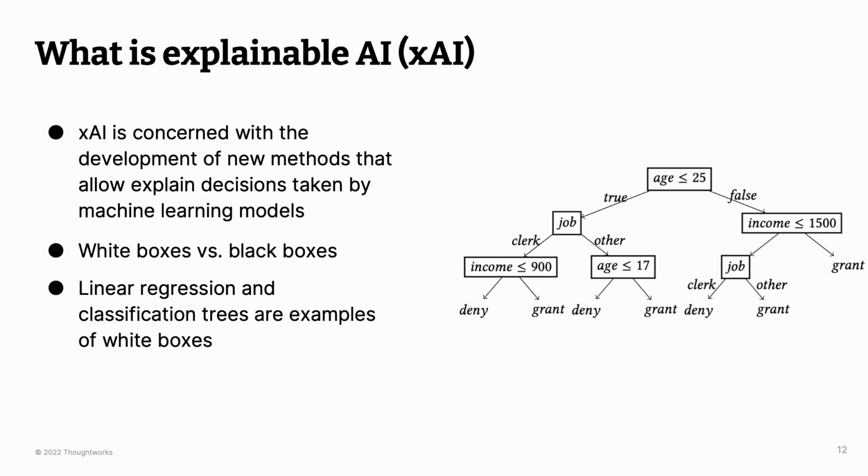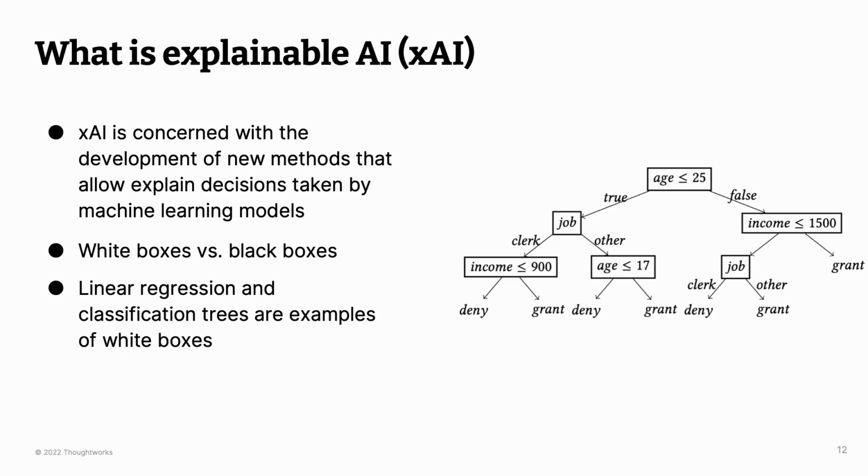Imagine a bank that is trying to have a machine learning model to decide if they lend money to a person or not. Using a classification tree like this one, it's very easy to explain why you are lending money or denying it, simply looking at the tree. No? If your age is less than 25, let's go to the branch on the left.